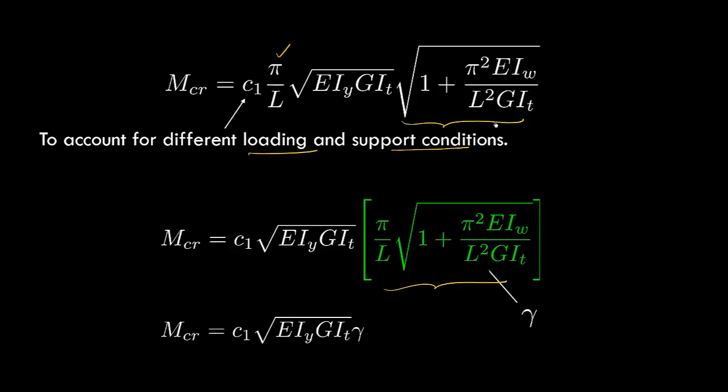In terms of gamma and C1, the expression for the critical moment is very simplified, and it can be written like this. Now we will see the significance of the different terms in this expression for critical moment. Let us discuss C1 first.